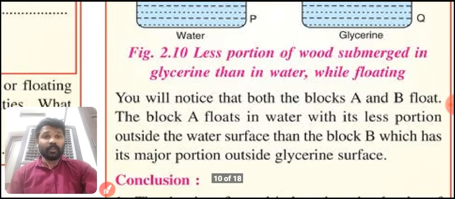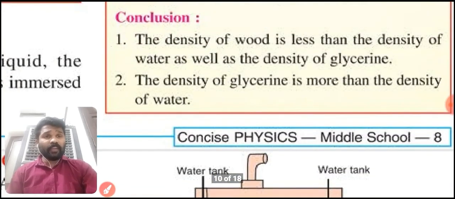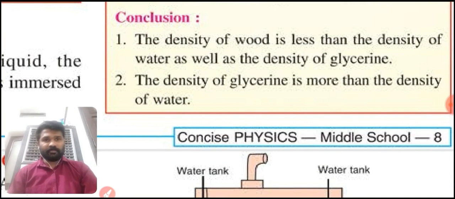What is the conclusion? The density of wood is less than the density of water as well as the density of glycerin. Second point, the density of glycerin is more than the density of water.